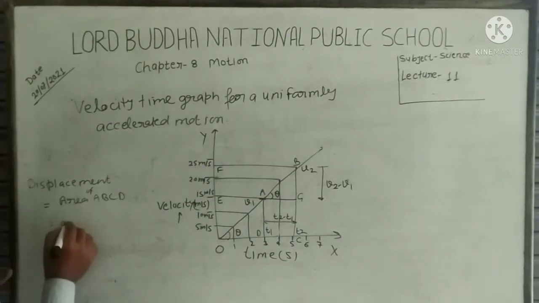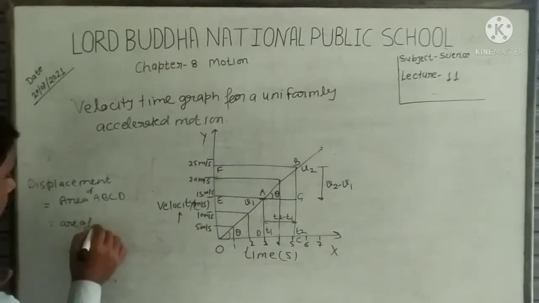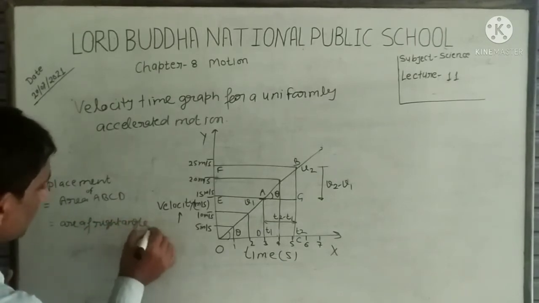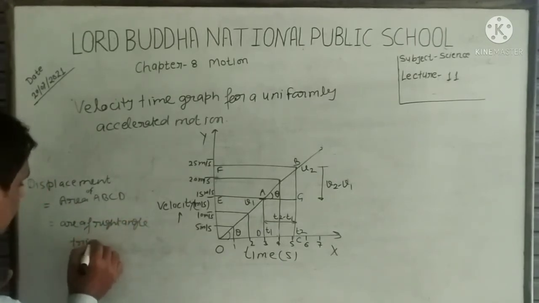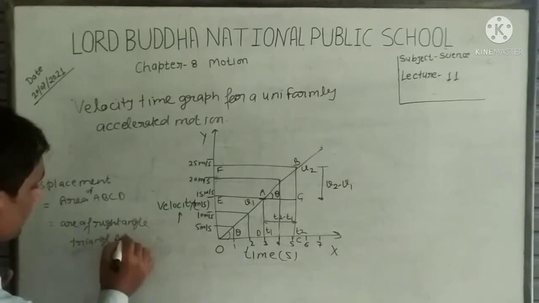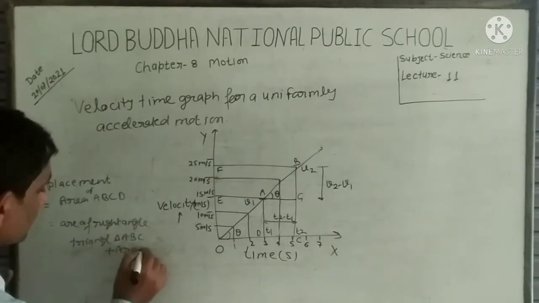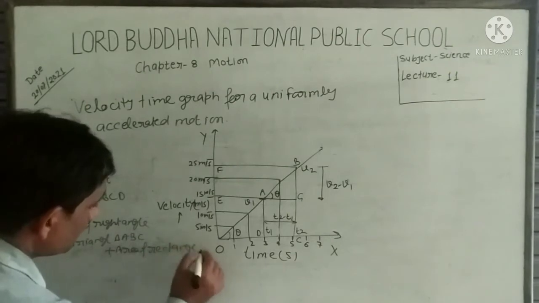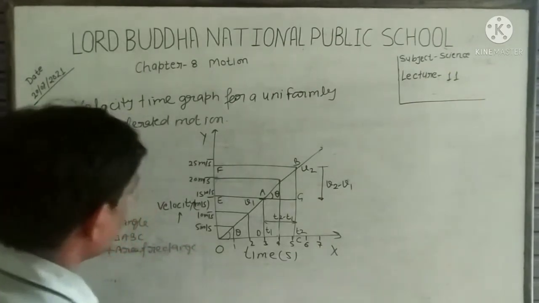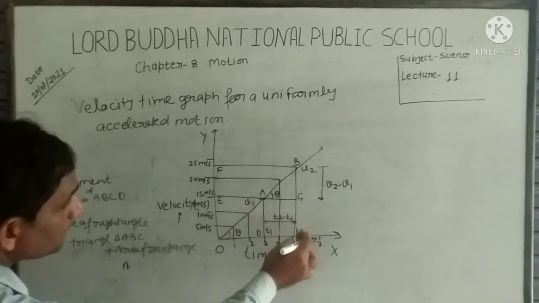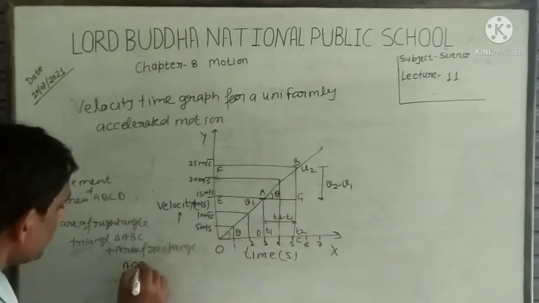Displacement equal to area of right angle triangle ABG plus area of rectangle AGCD.